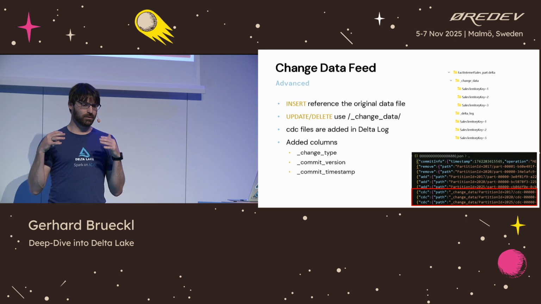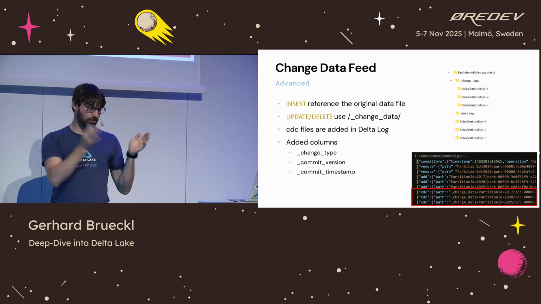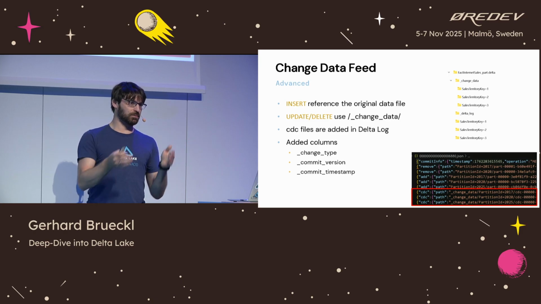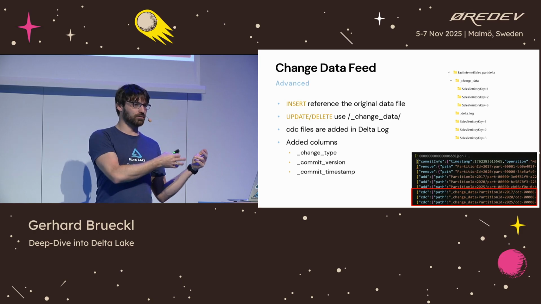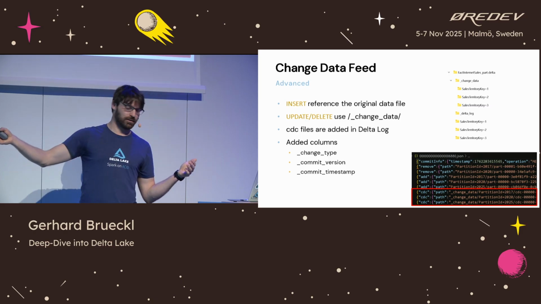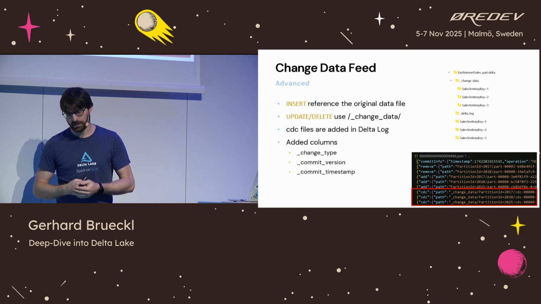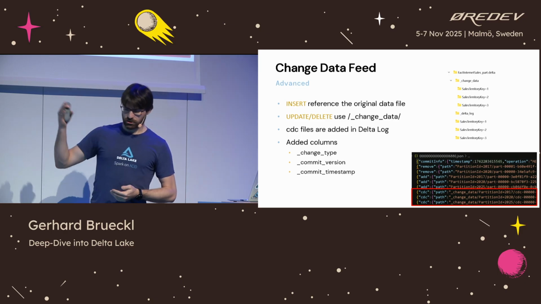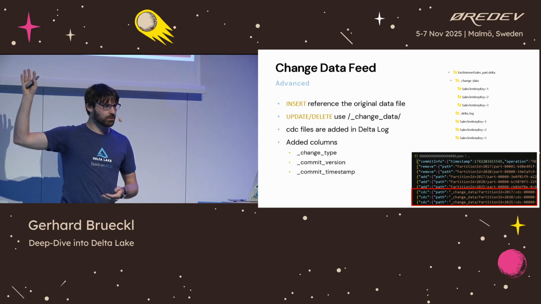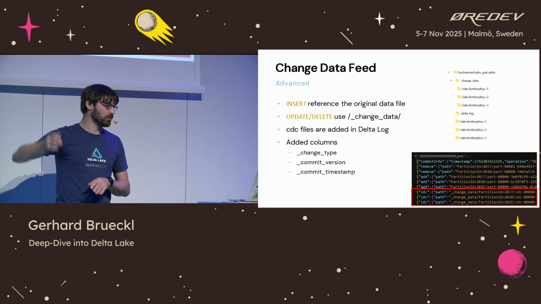When you're actually doing some update or delete, it has to read the original version. It knows the new version, and it dumps this information into a separate change data capture file, as you can see in the right bottom. So in addition to the files that have been added as part of a transaction, it also adds the change data capture files. There is a dedicated folder called change data where all those files are in.